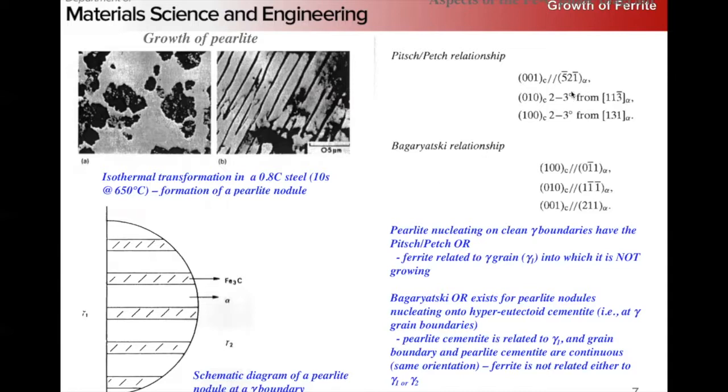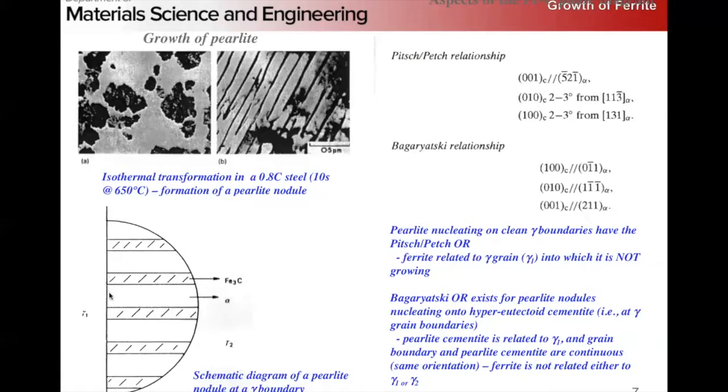We mentioned that there's two observed orientation relationships: this Pitsch-Petch orientation relationship and the Bagaryatsky orientation relationship, and that if the perlite nucleates on a clean austenite boundary, right, one that does not have any cementite on it, you get this Pitsch-Petch orientation relationship, and that the orientation relationship is formed with respect here to this gamma 1 grain, right?